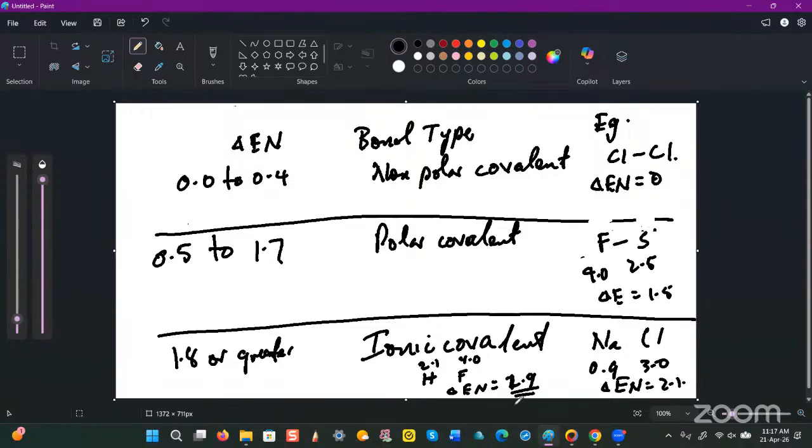Let me just say that the criteria is not really a perfect one, but is used quite a bit in terms of establishing the different types of bonds. So with that said, we can now do the first question in assignment number 12.